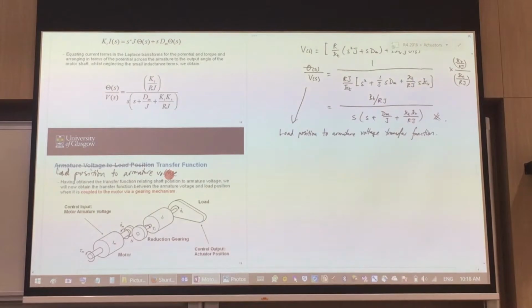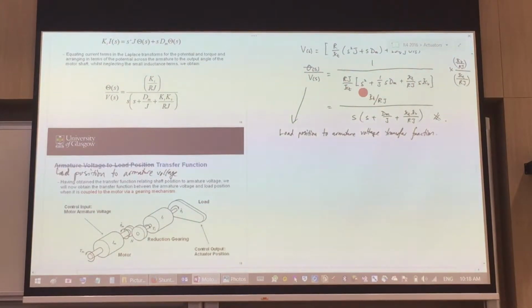Why not armature voltage to load position? Because it's always output divided by your input. In this case, your output will be your load position, and your input here will be your armature voltage. So that's the new part over here compared to the last example.